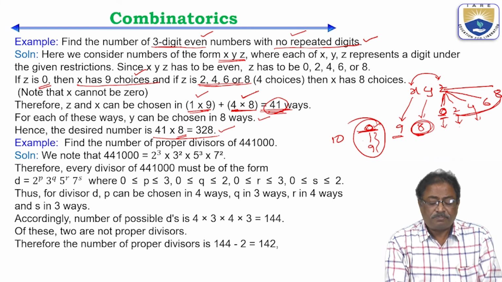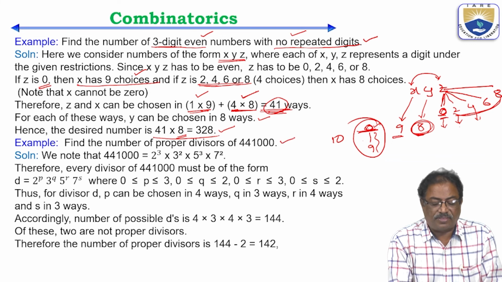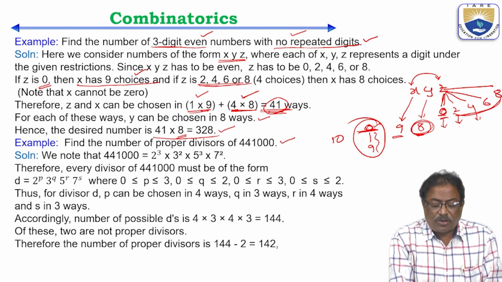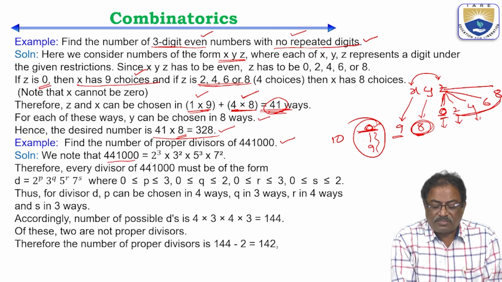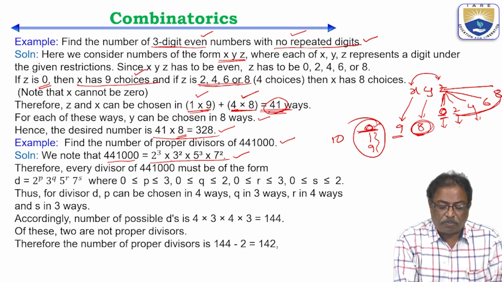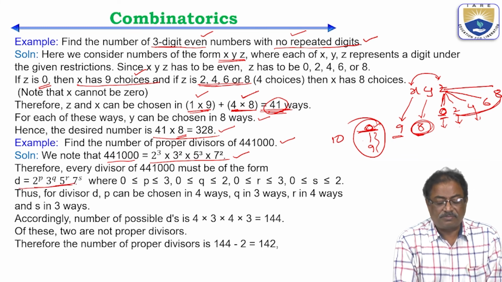So here another one is, let us say, find the number of proper divisors of this. So if I am going to write this, in general, 2 power P, 3 power Q, 5 power R, and 7 power S, the divisors I am going to write like this.